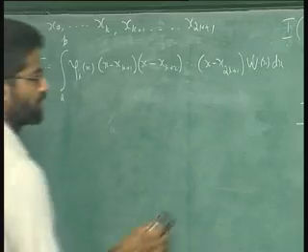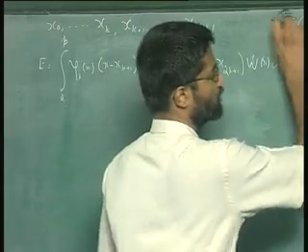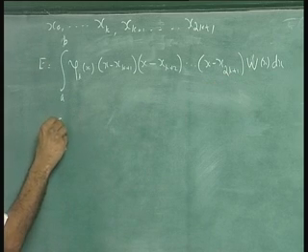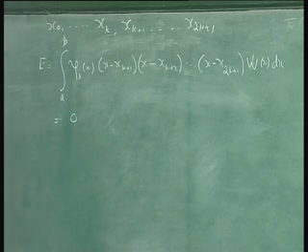That is the error which we have, and that is what we are going to make equal to 0. That is the a, right.